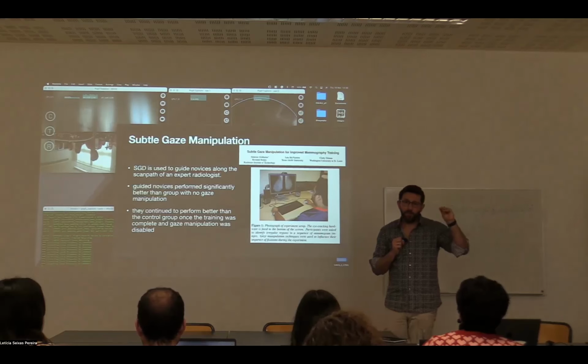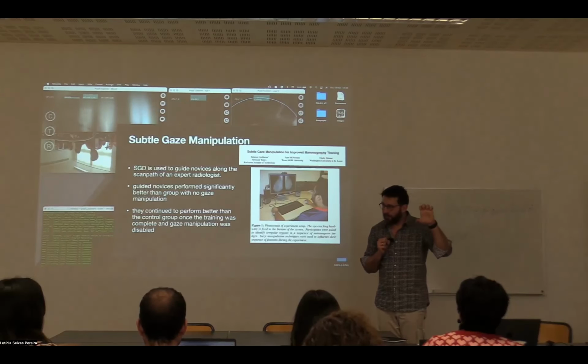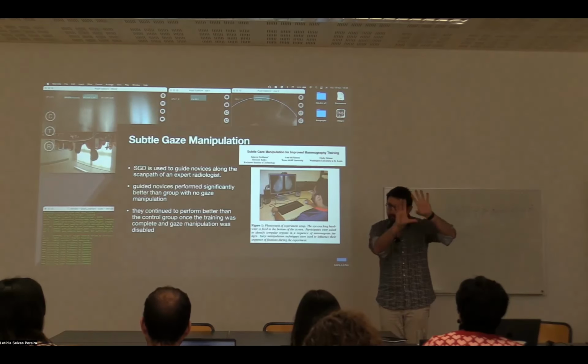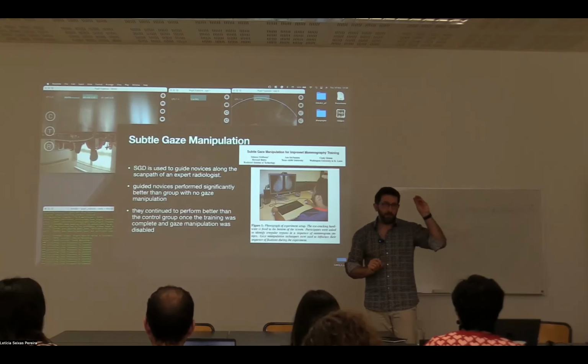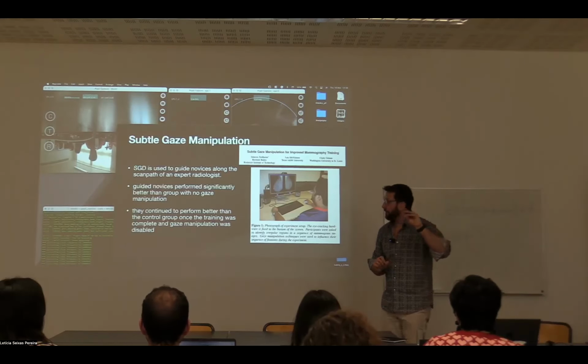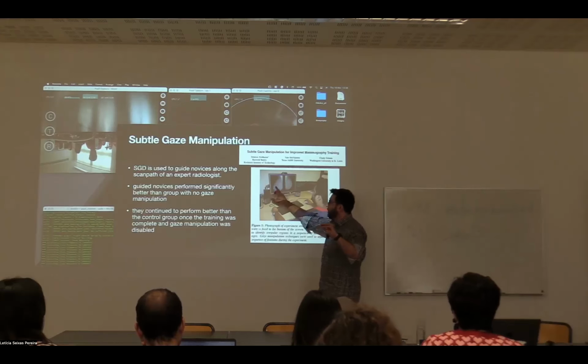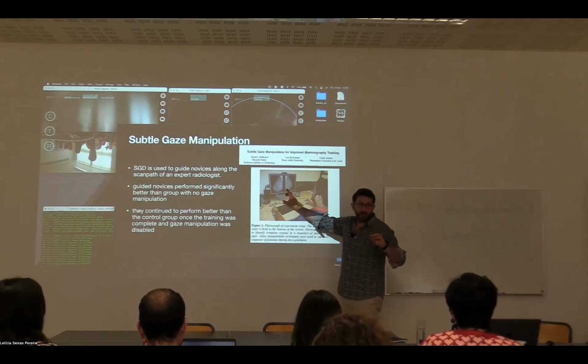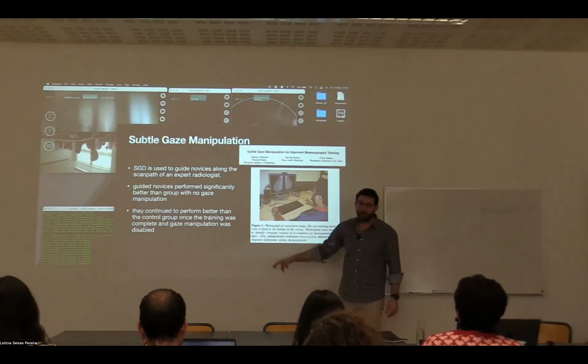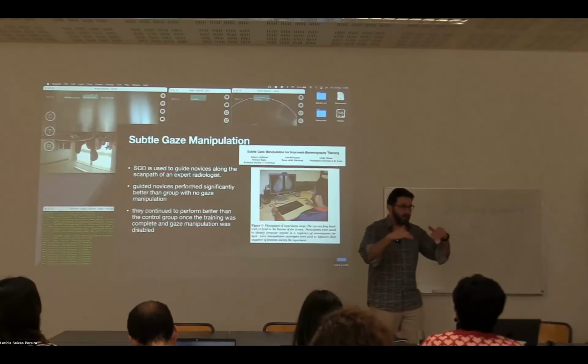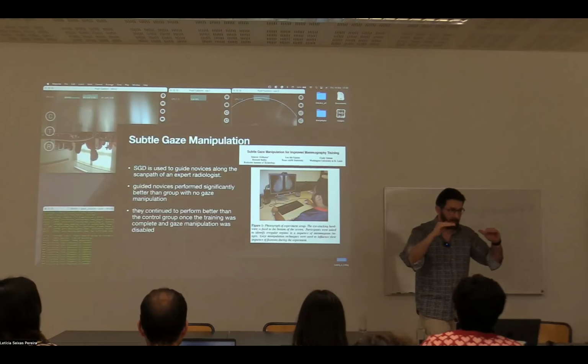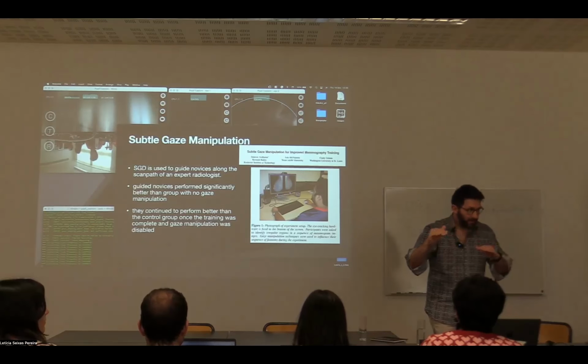They used something they call subtle gaze manipulation. So they didn't show the entire scan path, but there were subtle changes in the image. They built on the expert scan path, which was directing, without even noticing, the gaze of the fresh student.